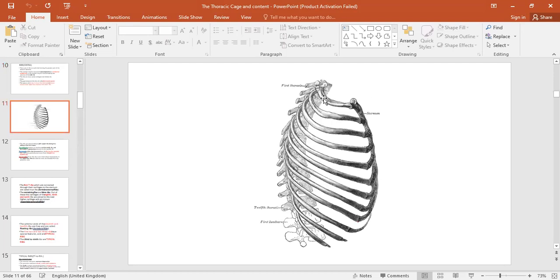Here we can see it's quite thick, short, and curved. Even rib 2 is similar in fashion, but this is 3 going down. You see that there's a difference between this one and this one. These two are more or less the same, but these are quite different from those earlier on.